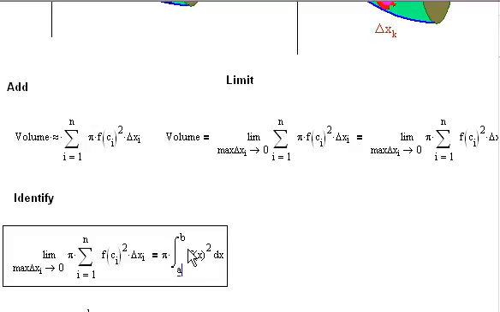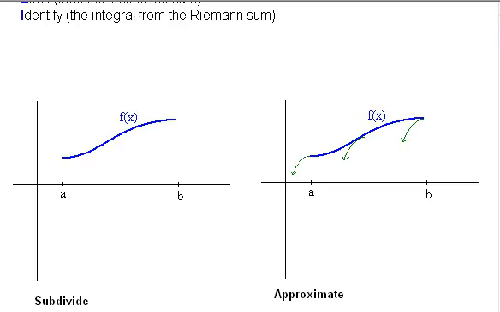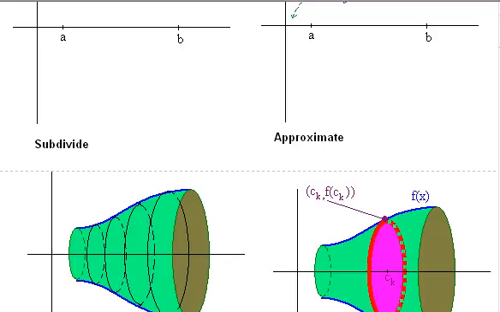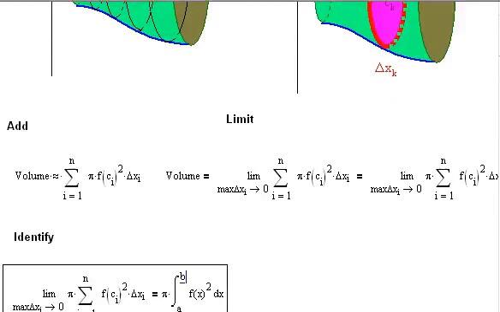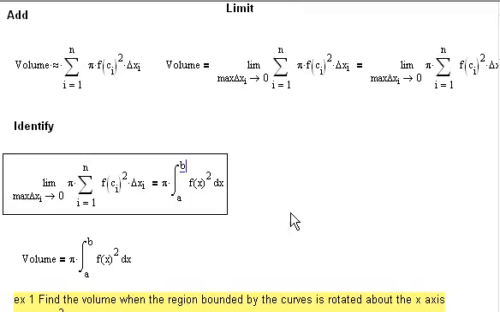It's the integral from a to b, where a and b are the limits imposed upon the function itself. I didn't draw them in here, but a would be here, b would be about here. So the integral of f of x squared, that's the radius squared, times dx. The dx represents the little thickness delta x i as it approaches 0.